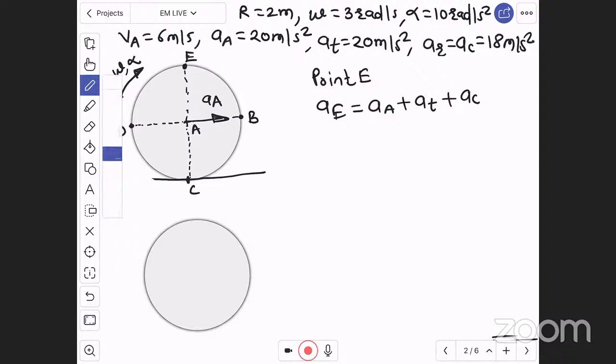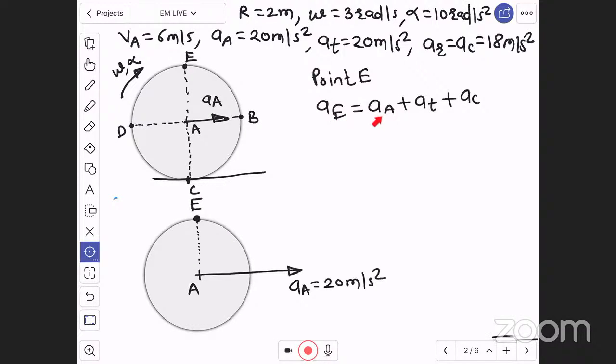See, A is the center point. This center point is moving towards right with acceleration of A, which is nothing but 20 meter per second square. And with respect to A, the north extreme point is point E. Therefore, this point E will be having acceleration of A as it is, plus there is a tangential acceleration and centripetal acceleration.